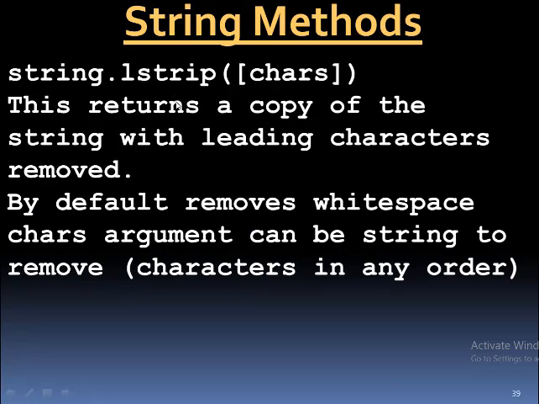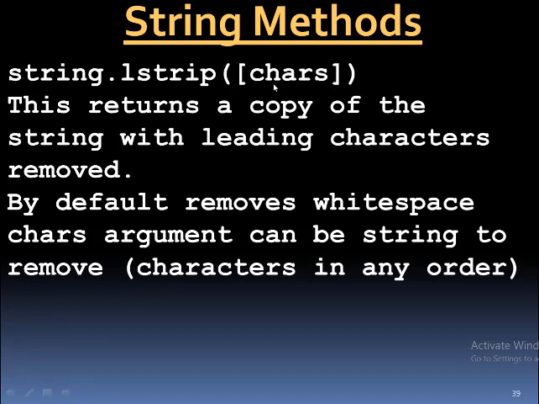Now next is the lstrip function. The lstrip function returns a copy of the string with the leading characters removed. Leading characters means characters on the left hand side of the string, that is in the beginning of the string.